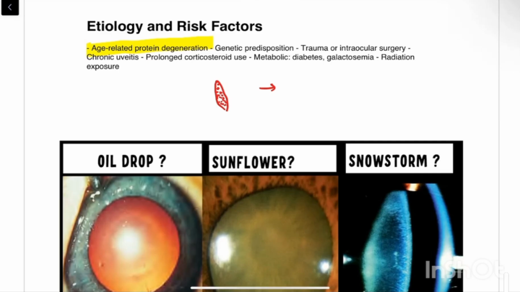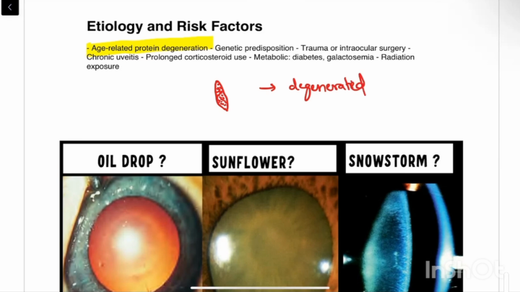So as we age there will be multiple factors which we get exposed to, like UV radiation or X-ray radiation or drugs, so many other things. What they will do is alter the genetics in our body such that the proteins which are responsible for forming the lens will get degenerated.